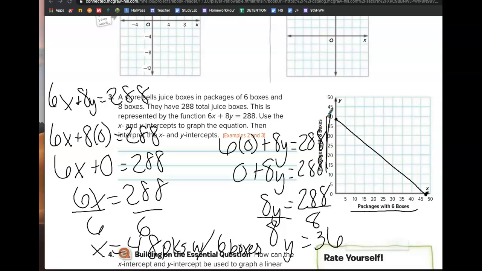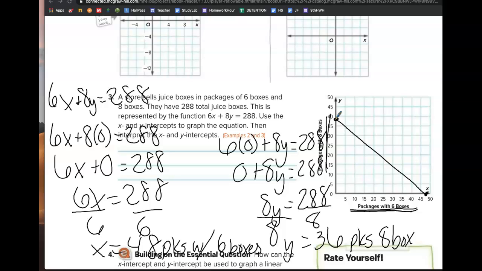Okay? Then for this one, since this is my y-intercept, my y is 36. So if I buy 36 packages with 8 boxes, I can't buy any packages with 6 boxes because the x is 0 there.